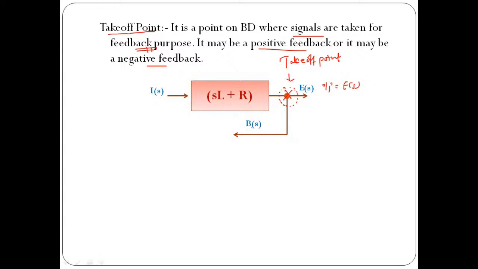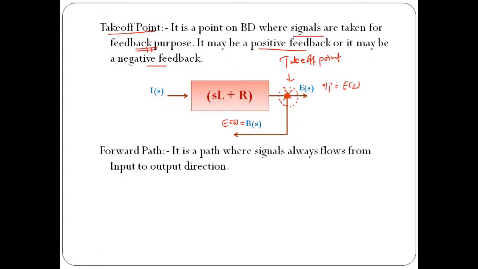So here the feedback signal we have represented by the symbol B of S. Now in this case the value of B of S is going to be equal to E of S, because E of S is the signal that we have taken for feedback purpose. Because that signal is feedback, we have indicated it by the symbol B of S. So this is nothing but the takeoff point.